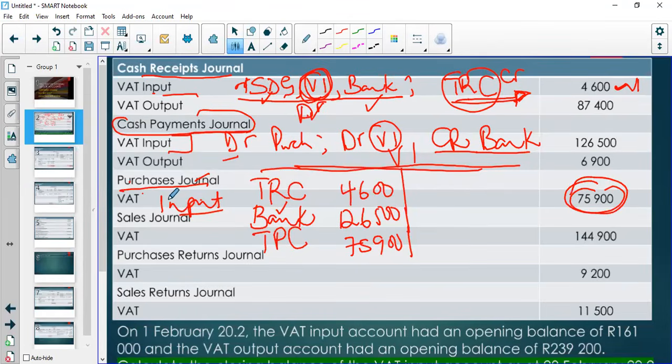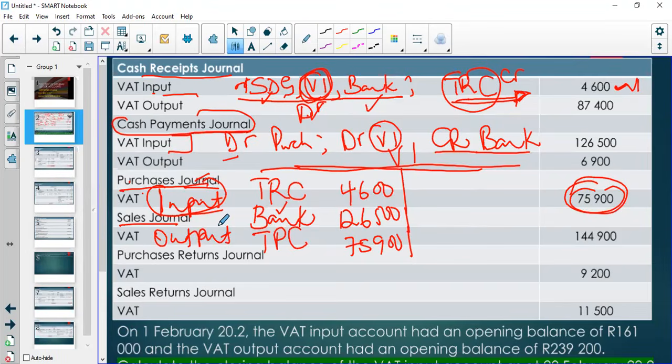In this case, the examiner didn't tell you whether it's VAT input or output. They just said VAT. So you should know that in the purchases journal, it's always VAT input. In the sales journal, it's always VAT output.